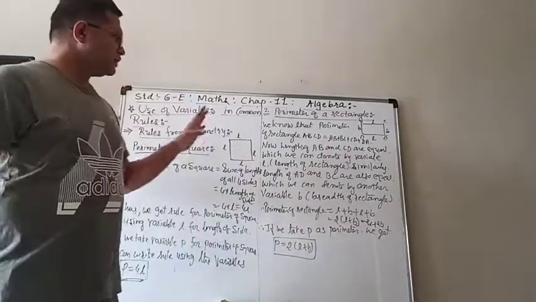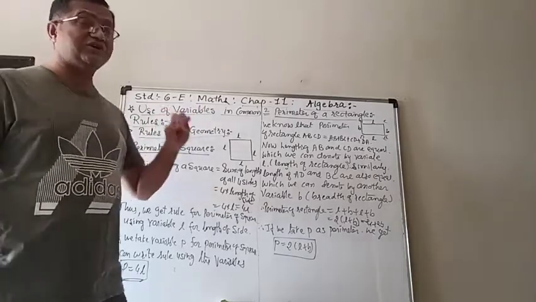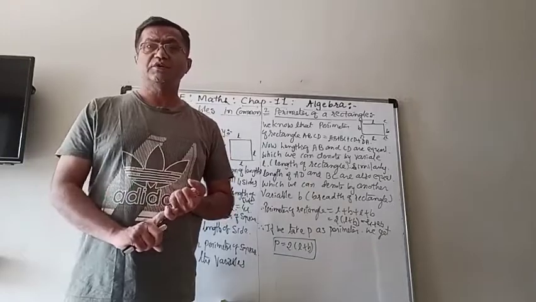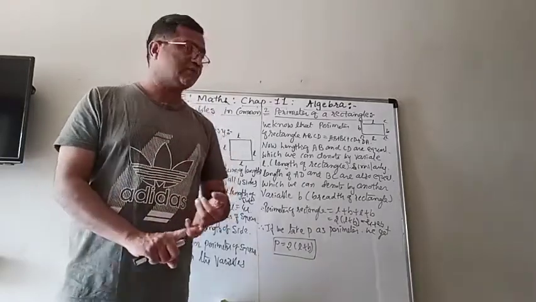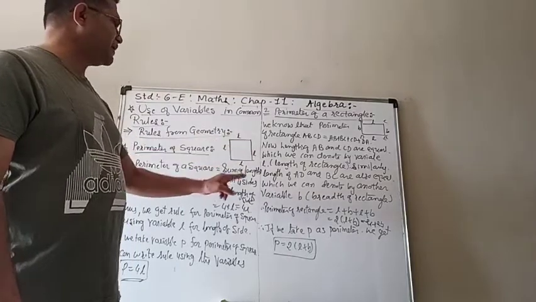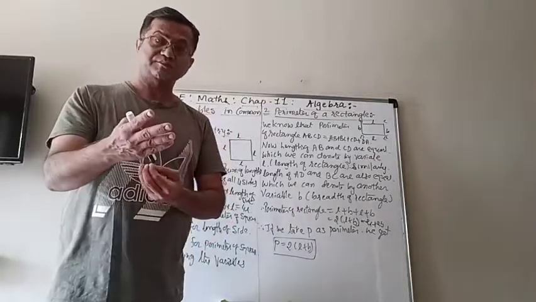So I hope you have a clear picture of how we can use variables to find the perimeter and the area. The area of the square is length multiplied by length, so you can use L multiplied by L or L square.